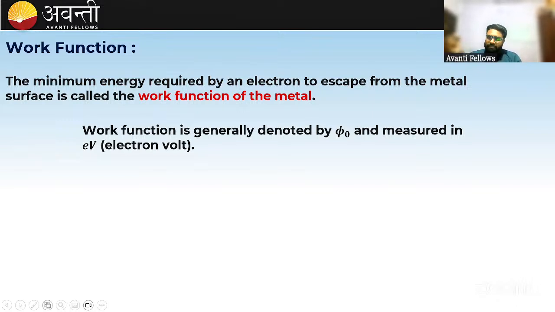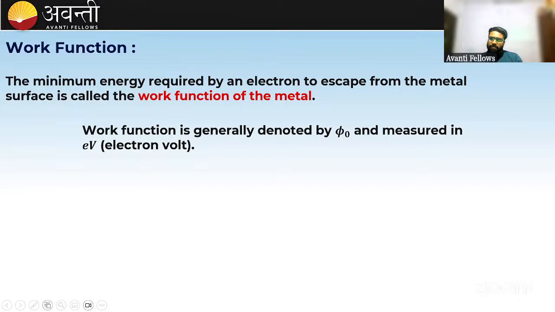Okay, but because ultimately the light is falling on the metal surface, the minimum energy required by an electron to escape from the metal at the surface of the metal is called the work function of the metal. Now look, everything is clear from here, that my blue color and green color are fulfilling this minimum energy condition, but red color is not. Okay, and from here you can link that the frequency of the blue color and green color is higher, that is why the energy is higher of that packet, and that is why it is crossing this minimum energy limit, but red color has minimum frequency which means minimum energy, and that is why it is not crossing the level of minimum energy required.